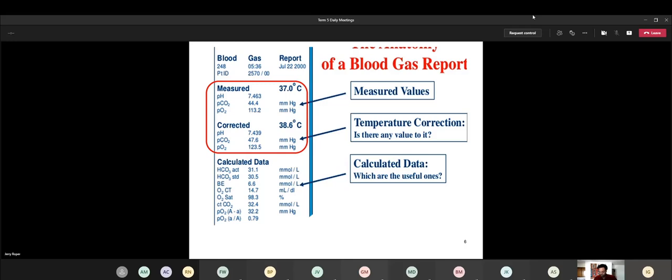And then this other question here. So all your calculated data are going to be based on your measured values. So the analyzer is using these 3 electrodes, the Sanz electrode, the Severinghaus for the CO2, and then the Clark electrode.